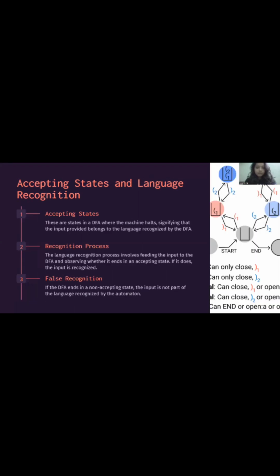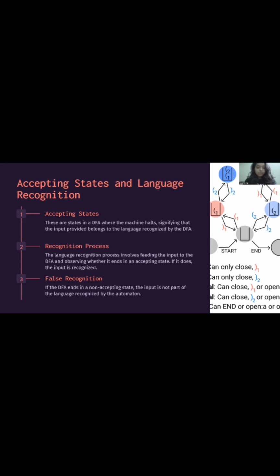Accepting states and language recognition. Accepting state. These are states in the DFA where the machine halts, signifying that the input provided belongs to the language recognized by the DFA. Recognition process.